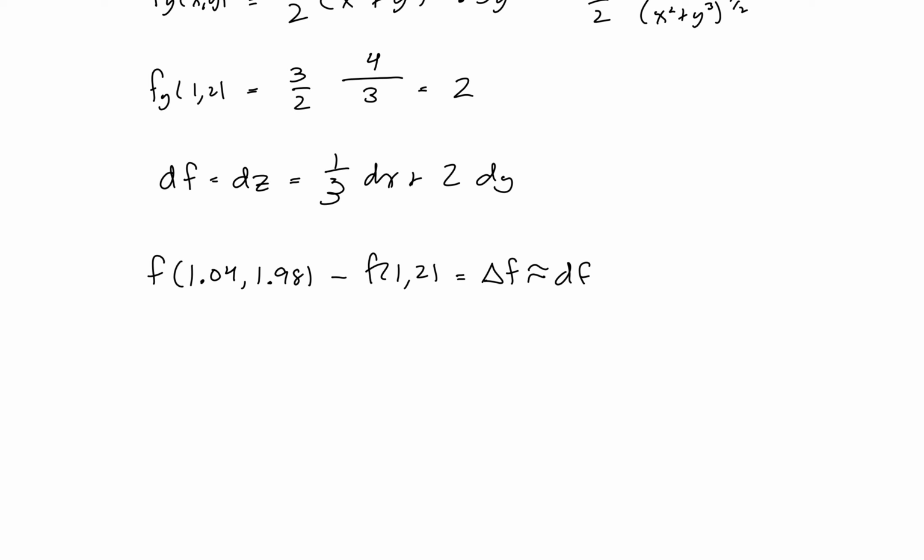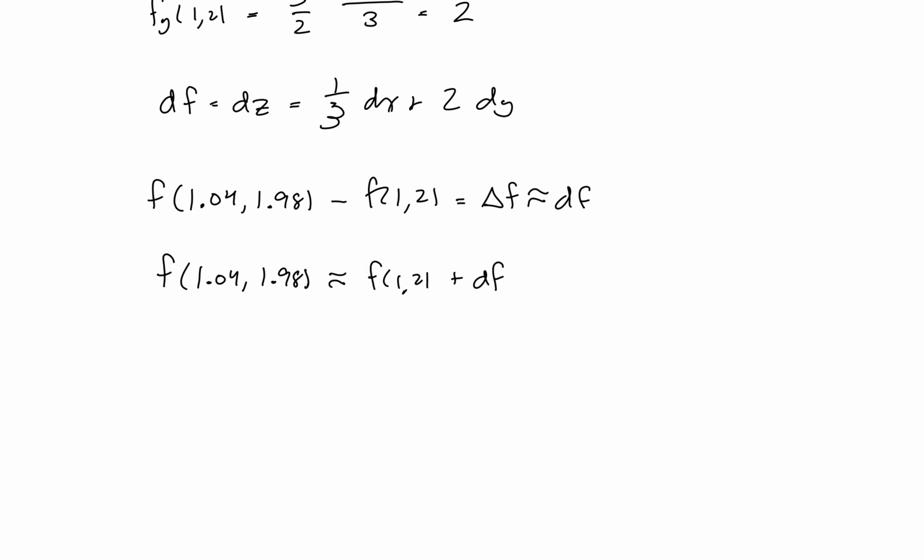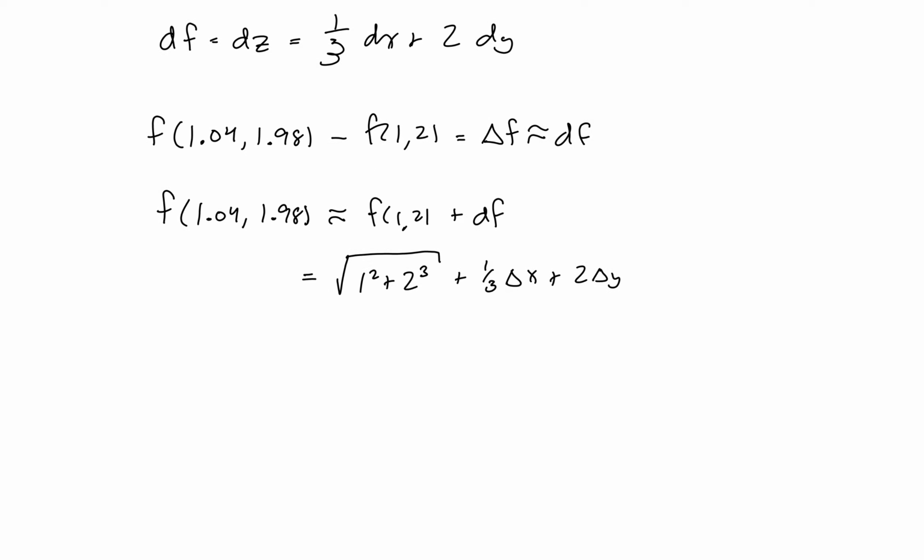So that tells me f of 1.04, 1.98 is approximately f of 1, 2 plus df. So this is square root of 1 squared plus 2 cubed plus 1/3 delta x plus 2 delta y.